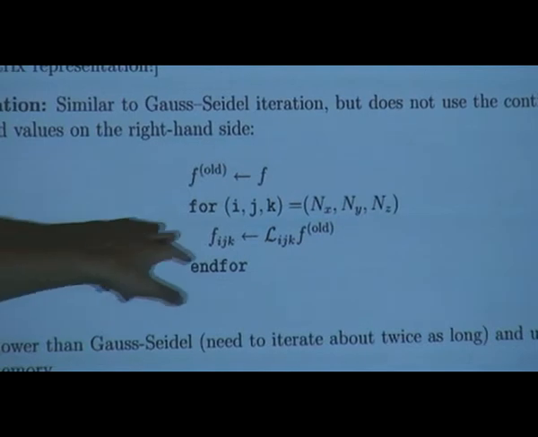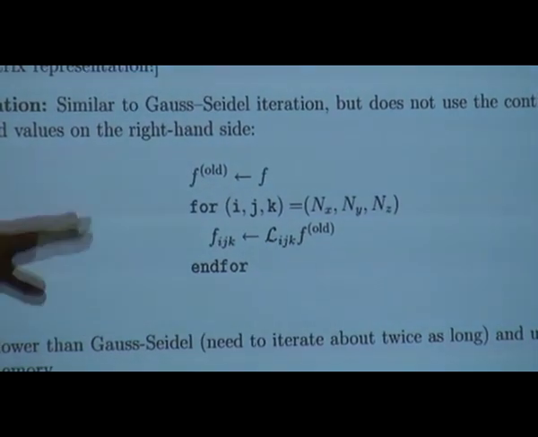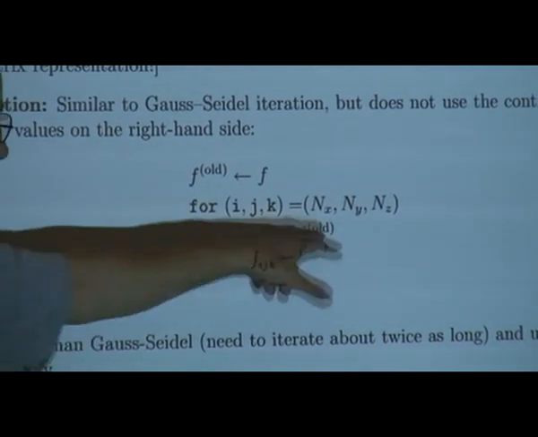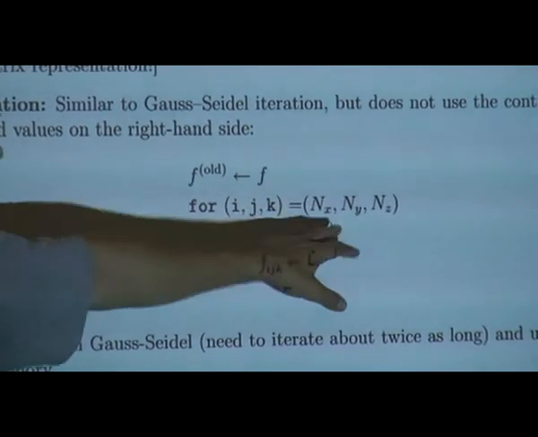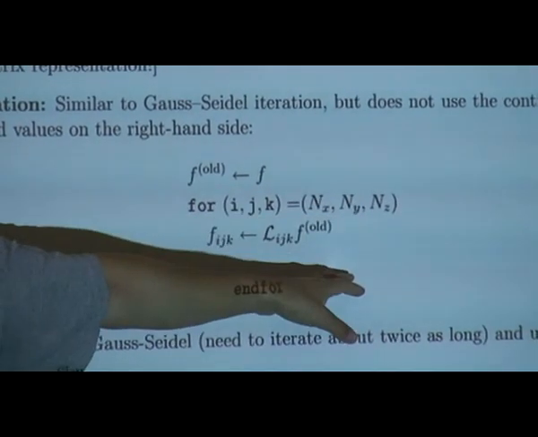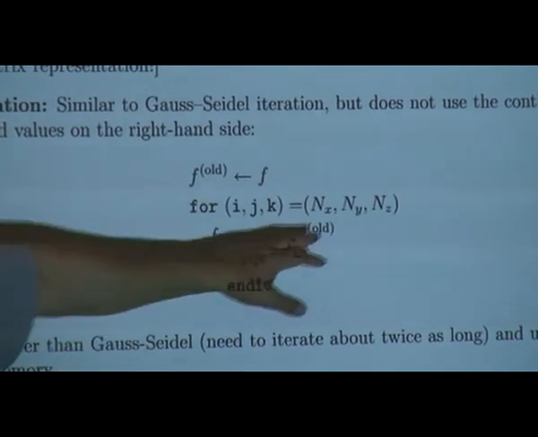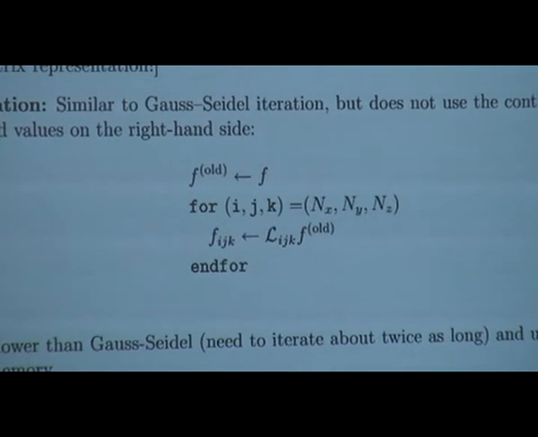Well, first of all, if you do it exactly like this, you don't get rid of the very smallest scales, the Nyquist scales. You can do this partially. You can calculate this new F based on all the old F on the right-hand side, and then you can combine the two with a relative weight of, I think, 2/3 for the new one and 1/3 for the old one. This is what people like.